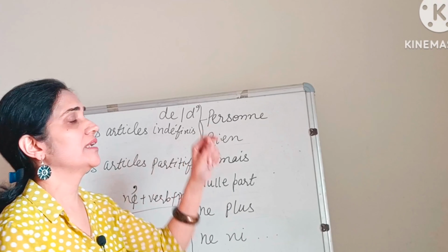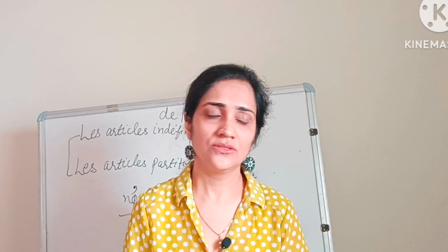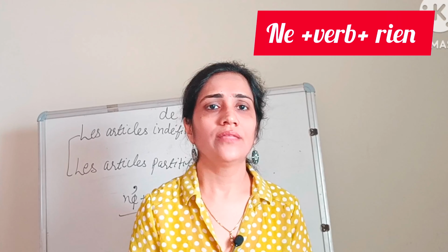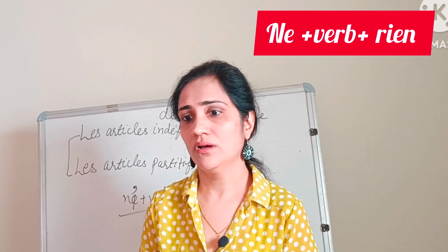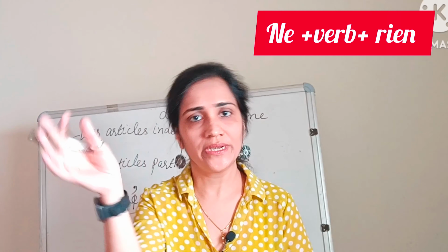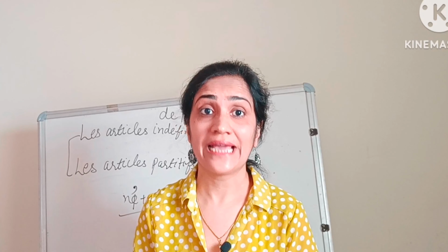Same case we can find in rien. If we have to use rien at the end of the sentence, again subject, ne, then verb, and then rien. Take the case of the affirmative again. Rien is nothing, so the exact opposite will be quelque chose, something.